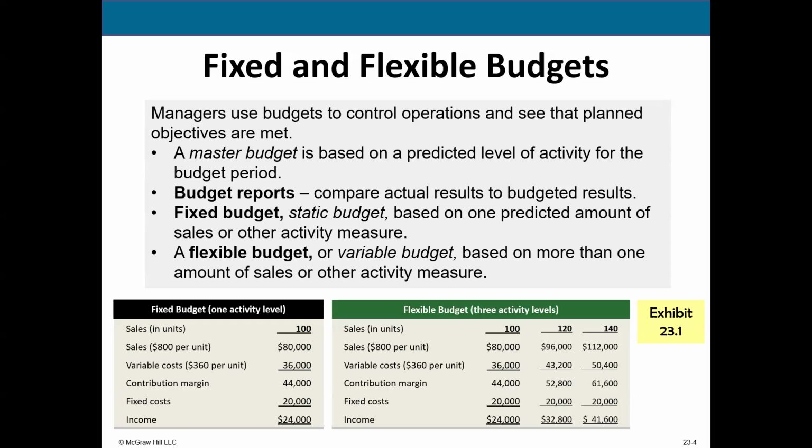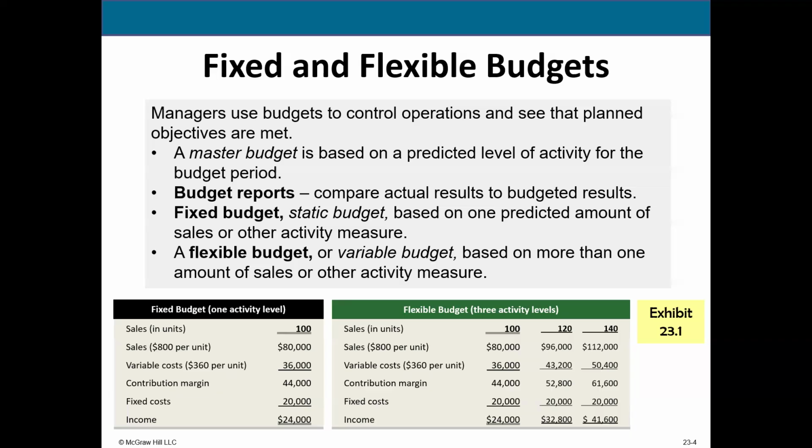If we're comparing a fixed budget to the actual performance, those variances could be really big. And so that's why it's always best that we try to stick to a flexible budget whenever possible. This allows us to benchmark the actual results to a more closely aligned level of activity.